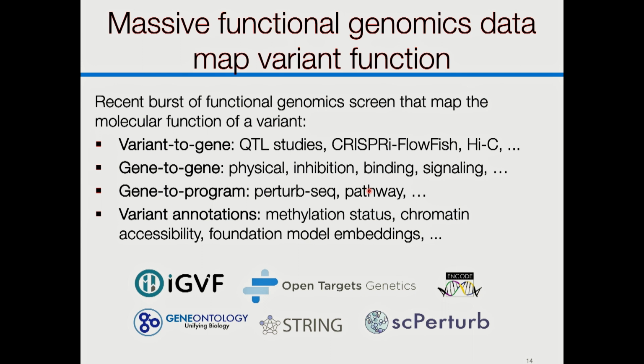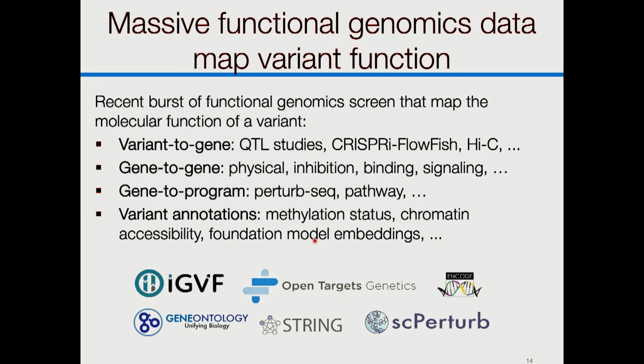For example, from variant to gene, there are QTL studies, CRISPR experiments, and Hi-C data that clearly map the variants' functions to the correct genes. There's also historically abundant data on gene-to-gene relations, including physical interaction, inhibition, binding, and so on. There's also gene-to-program data like Perturb-seq, pathways, and so on. These map the relational information that contextualizes the variant in its molecular context.